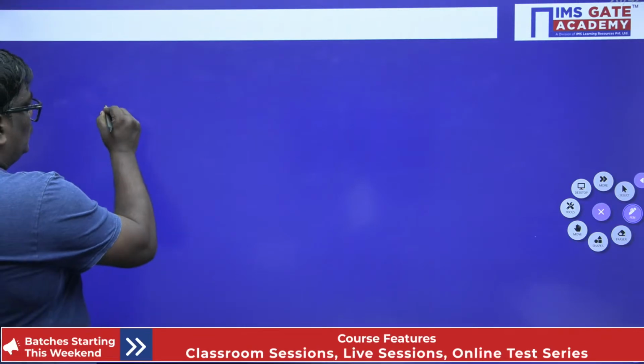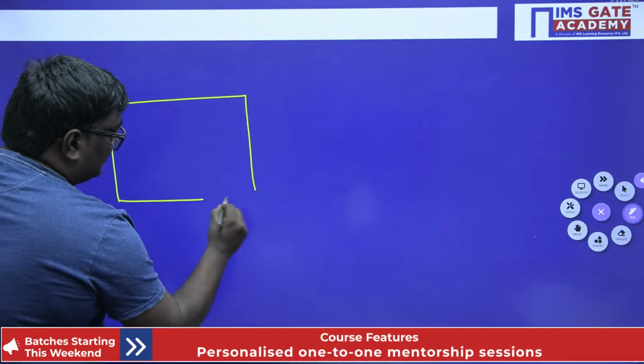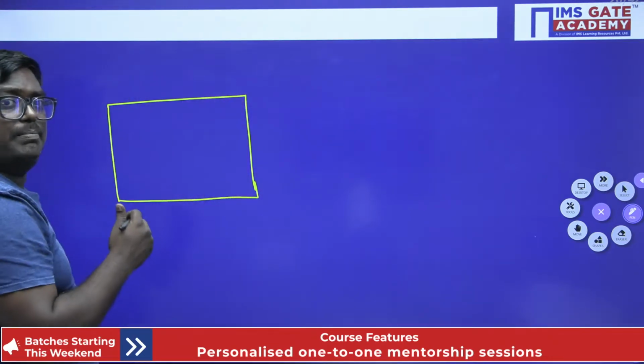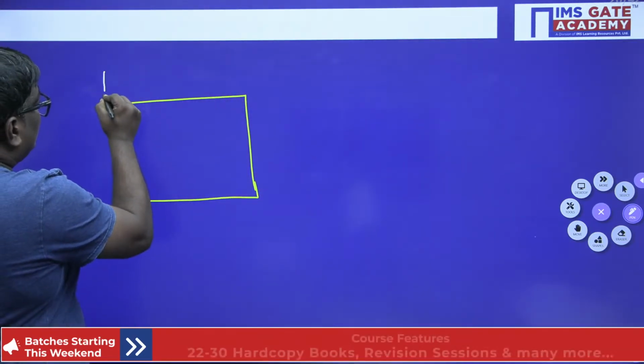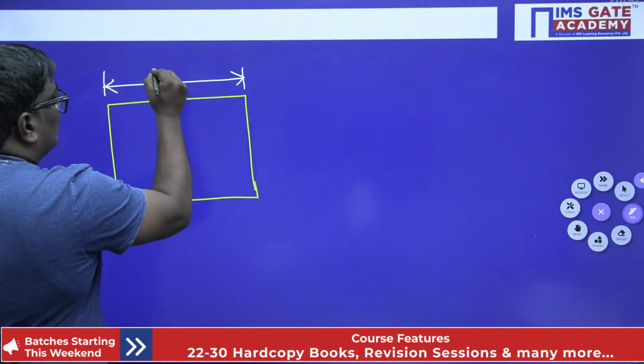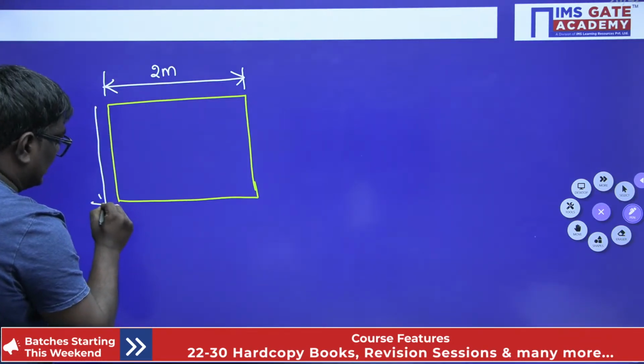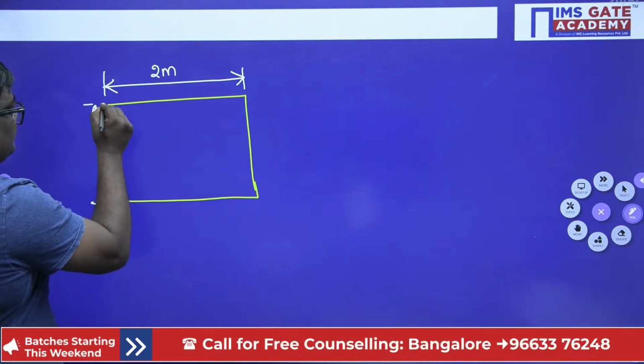So my dear students, if I consider this as a rectangular footing, the beautiful concept here, please listen carefully. Here it is 2 meter, and here it is 3 meter.